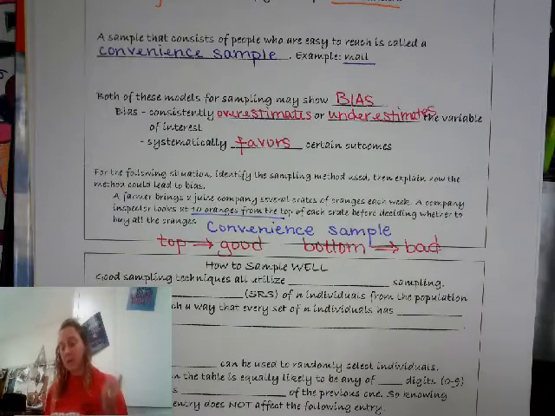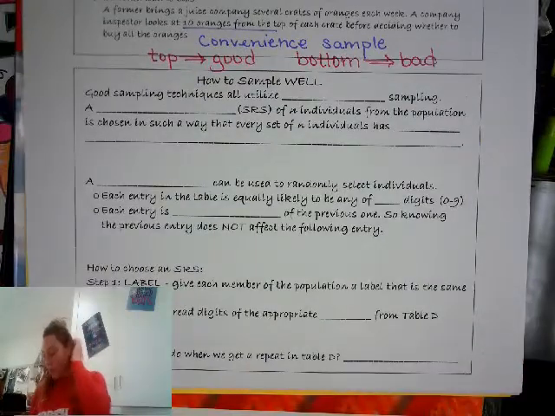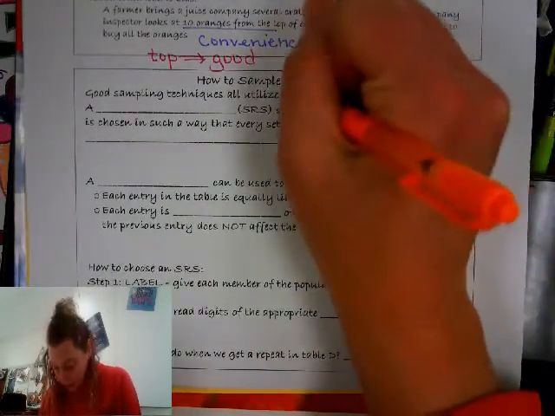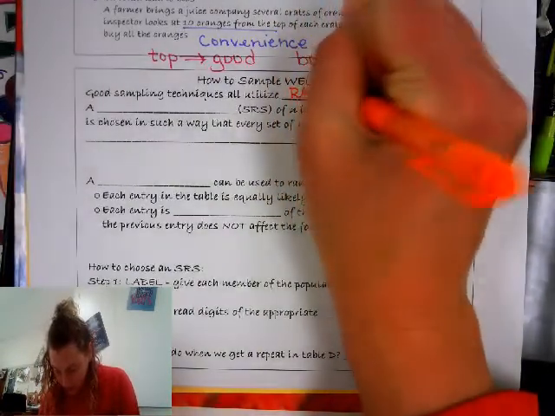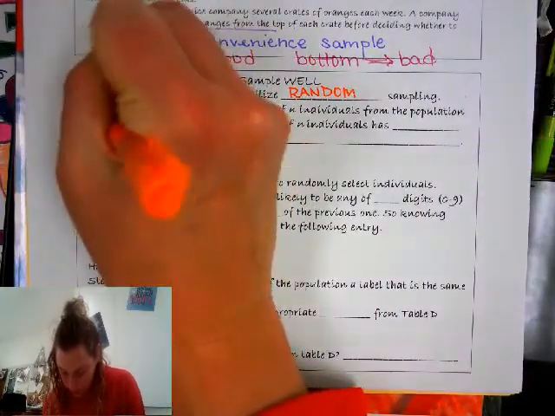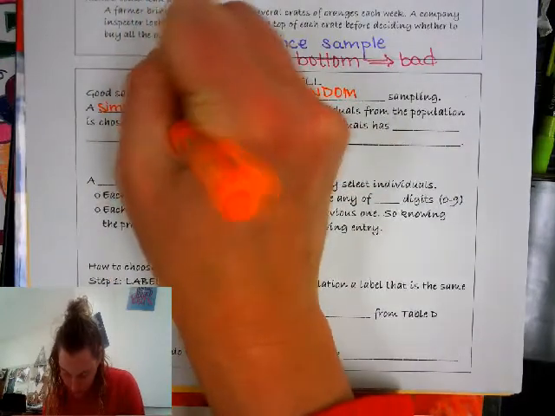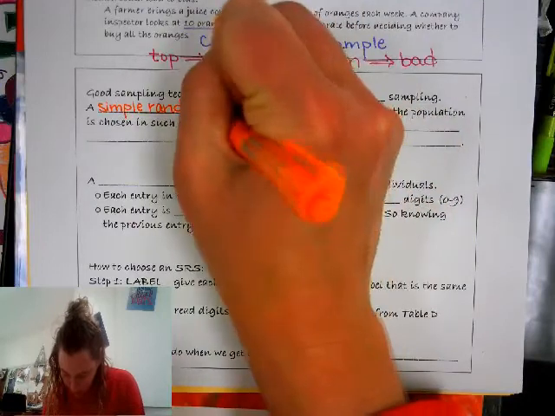Now we're going to talk about how to sample well. So good sampling techniques all utilize random sampling. A simple random sample, also known as an SRS from here on out, I told myself to write small, I still didn't.